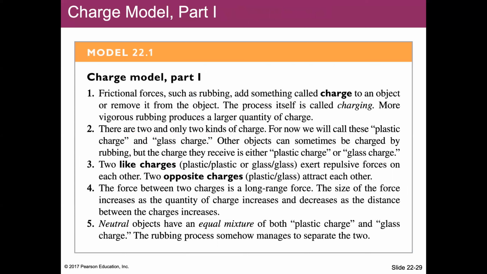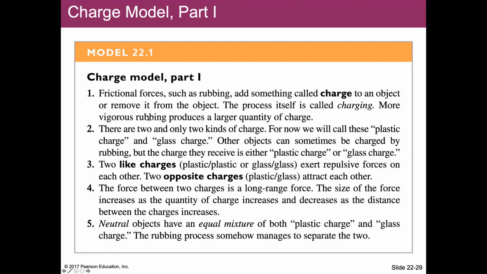So here are some summaries of the previous slides. Number 1, frictional forces such as rubbing add something called charge to an object or remove it from the object. The process itself is called charging.